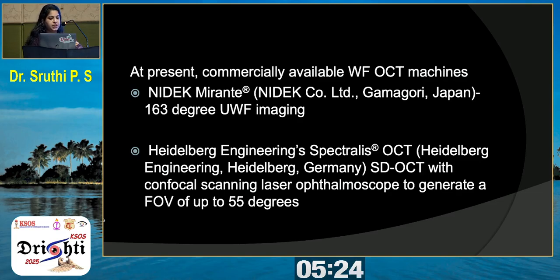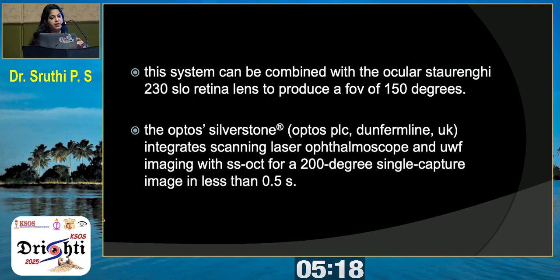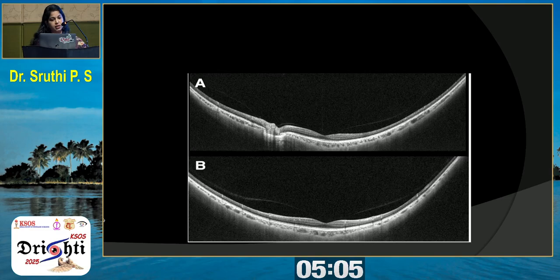Then the Heidelberg machine, which is an SD-OCT, can generate up to 55 degrees, and when combined with Staurenghi lenses, it can get up to 150 degrees. Then the Optos machine, which is an SS-OCT machine, can get up to 200 degrees of field in less than 0.5 second.